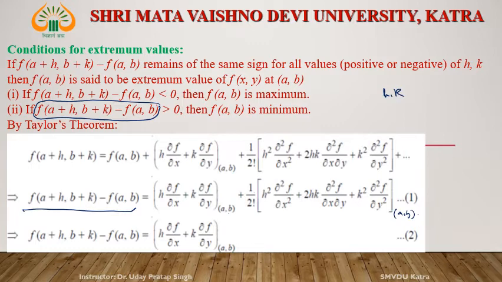We are saying that a small neighborhood of (a,b). A small neighborhood means h and k are very small. If h and k are very small, then what are h² and k²? They are much less than 1. So these types of terms we can neglect.